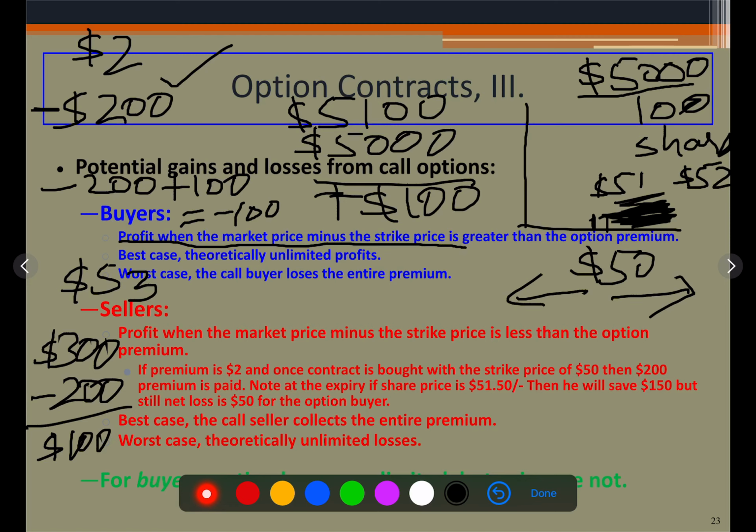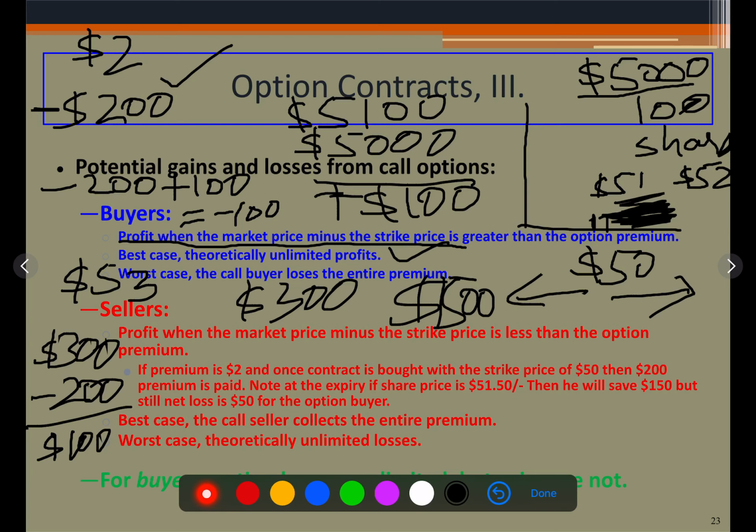For example, what happened with Tesla? Tesla just jumped in a matter of a few months from almost 300 to $1,500 right now. So it can be even 5,000. Theoretically, there are unlimited profits for the buyer of the call option contract.